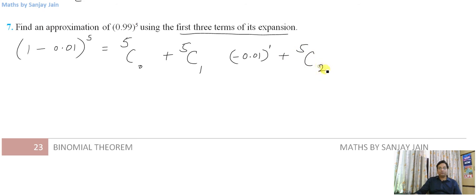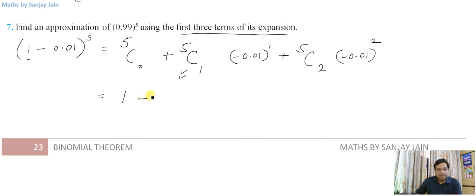5C2. Now this will be raised to an even power, which is 2. This will be the term, because here is 1 at the first place, so powers of 1 can be avoided. That won't make a difference to this question. 5C0 is 1, 5C1 is 5, and this term will be negative, right?